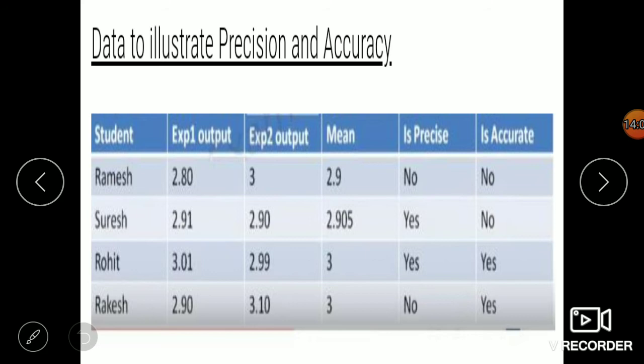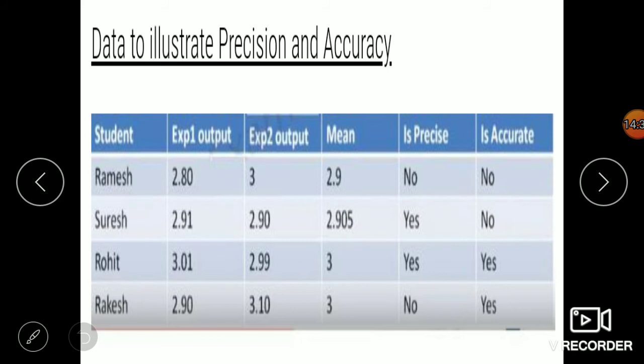Now see here another example. These students are performing the experiment. Ramesh, first time he did some measurement and got 2.80. Second time he measured and got 2.9, and the mean was 2.83.